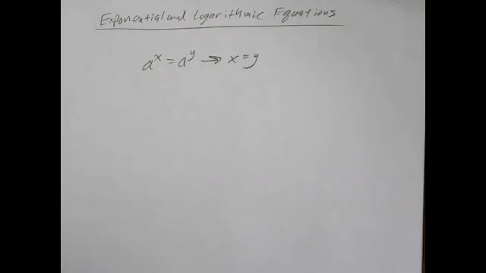Now, what's happening here is not something like a cancellation of the base of a. The a's are not canceling out. What you're doing is taking advantage of the fact that exponentials are one-to-one. Therefore, if two exponentials are equal and the bases are the same, then the powers have to be the same.